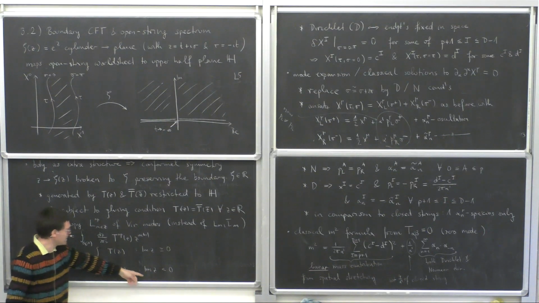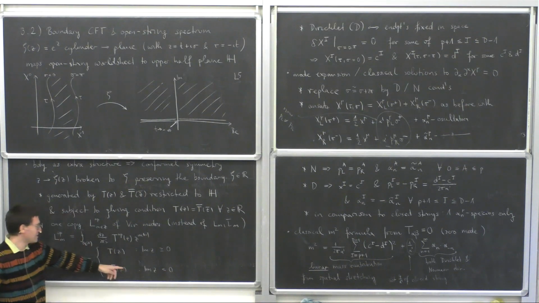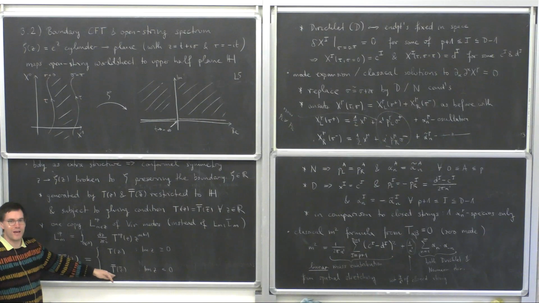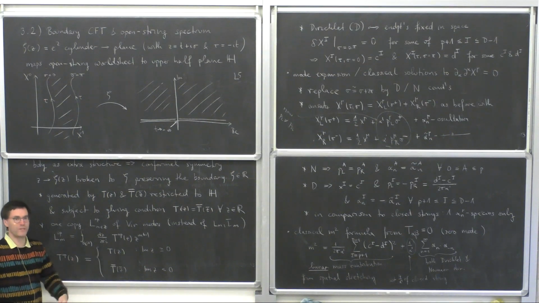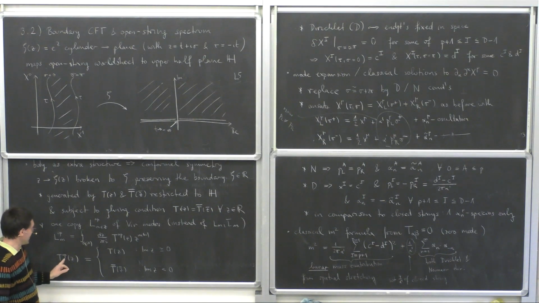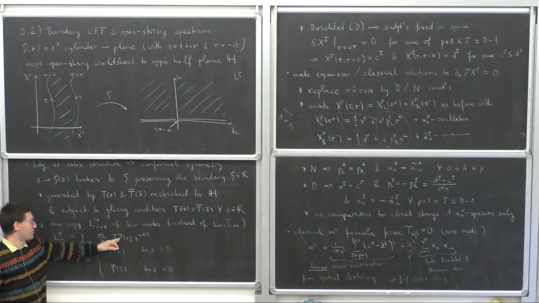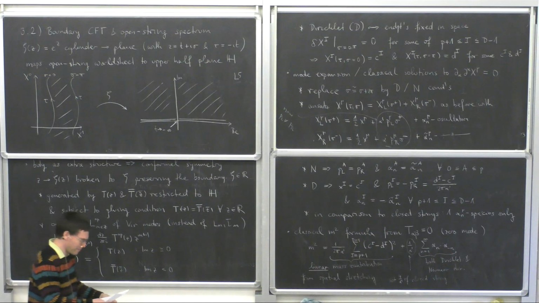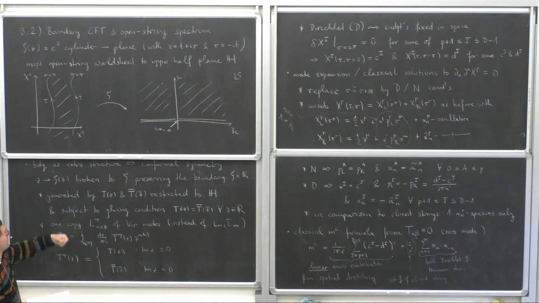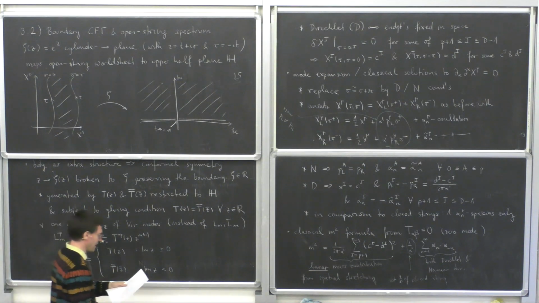So when Im Z is smaller than 0, then Z bar is in the upper half plane, and then you can consult T bar to have a sensible continuation into the lower half plane. So this is the right quantity to perform contour integrals of that type. And this is then the generator of the leftover conformal symmetry that is respecting the boundary.